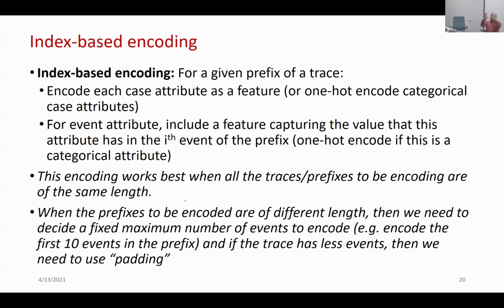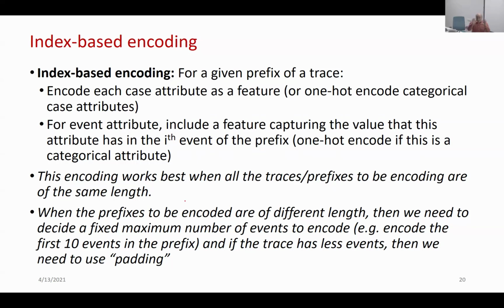For example, I have a bucket that contains prefixes of length 1, and then my feature vector for index-based encoding is pretty small in that case. All the prefixes of size 2, I can encode with a slightly larger feature vector, where I have index 1, index 2 for every column, and I can do the same thing for 3, 4, 5.